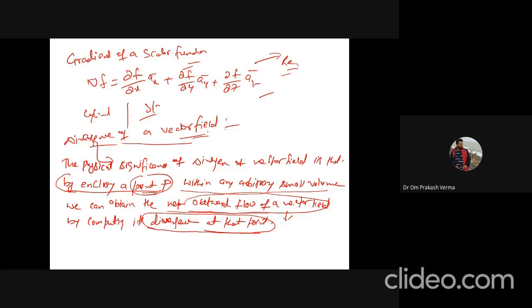Let's say we have three types of points. The first structure is like this, and you have to reply on this type. This is picture A, and all the pictures represent divergence.